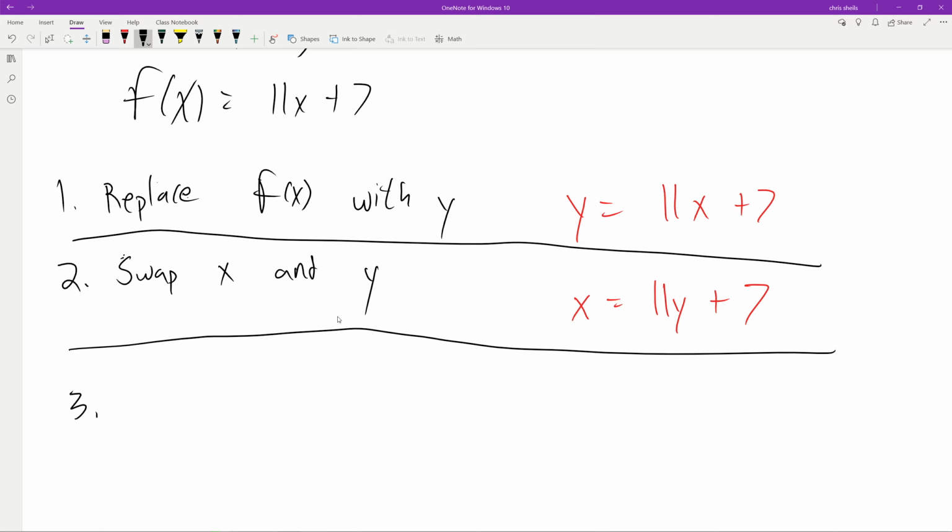For step 3, solve for y. So if I solve for y here, I have to subtract 7 from both sides to get 11y equals x minus 7. I then divide both sides by 11 to get y equals (x minus 7) over 11.